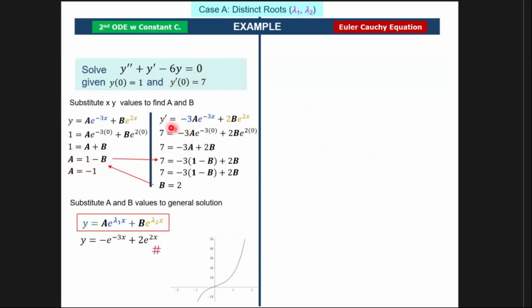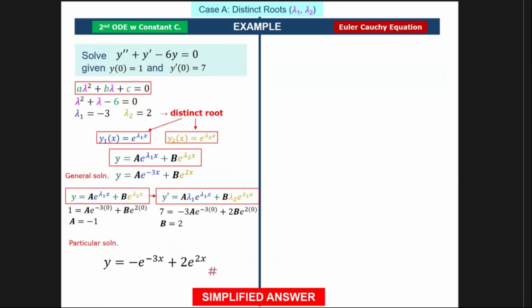And for this one, you can substitute y prime equal to 7 and x equal to 0, and you can get the value of b. After getting the constants a and b, you can substitute them into the general solution and get the particular solution.